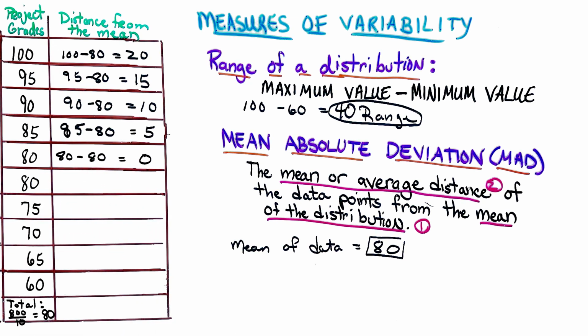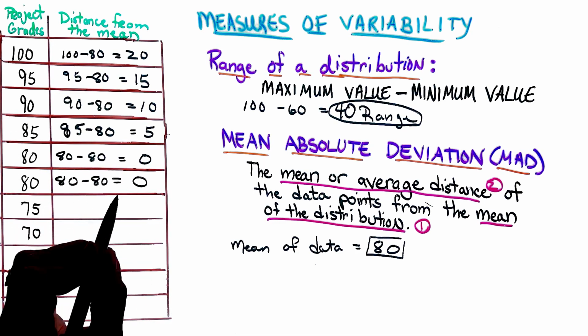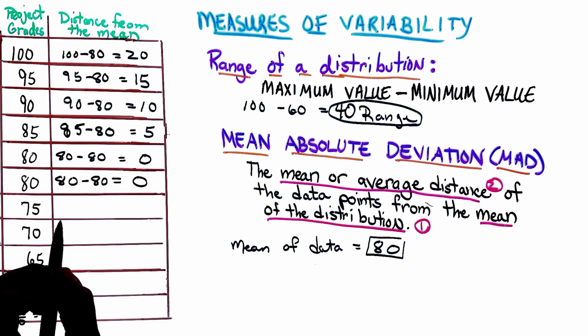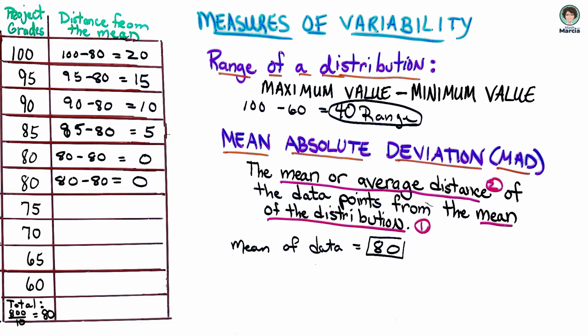Well, you're going to say, do I have to count that? Absolutely, because these are two grades that students received. So I have another 80 minus 80 is equal to 0. Now when I do 75 minus 80, I'm going to end up with a negative number.